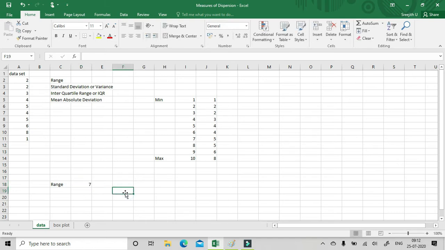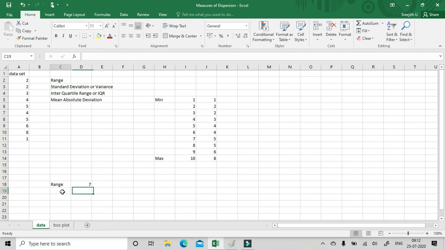Next, let's look at how we identify standard deviation or variance. Like I was explaining in the beginning, we're trying to understand how the data is spread and how much it deviates from the mean or the middle point. So it goes without saying that we also have to find the mean. How do we find the mean? Sum up all the numbers and divide by the number of observations.